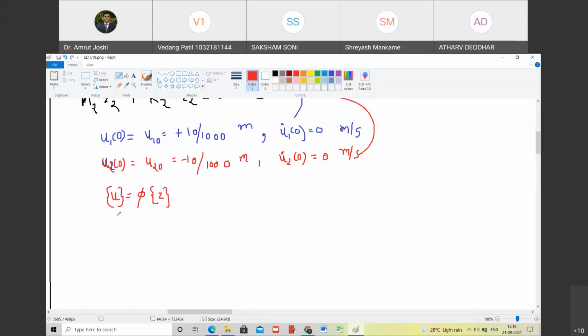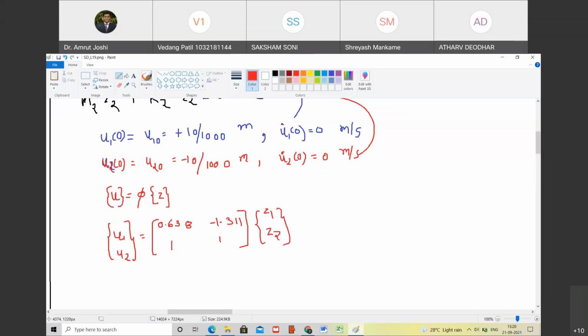Yes. So therefore U1 and U2 must be equal to, tell me the values of phi, 0.638, then minus 1.31111. Do you agree with me? Yes, sir. This is Z1 and Z2.